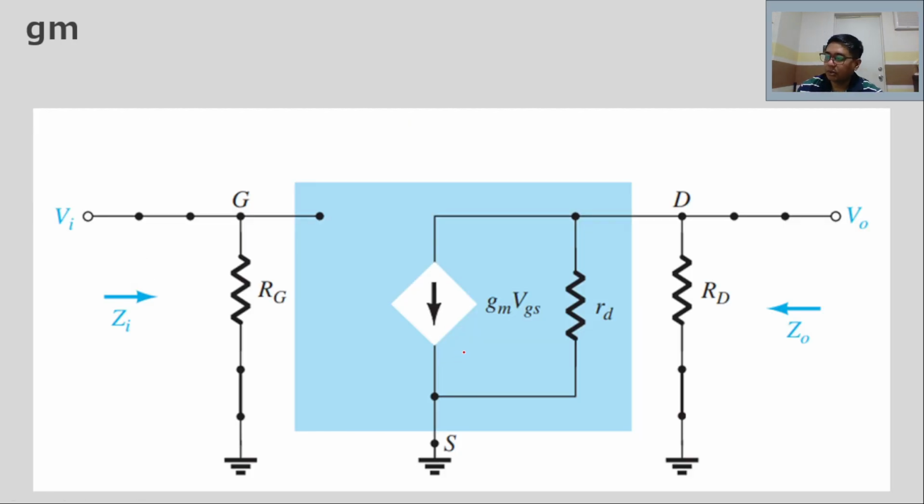For the AC equivalent model, we can replace Gm here with its computed value of 1.88 millisiemens times VGS.